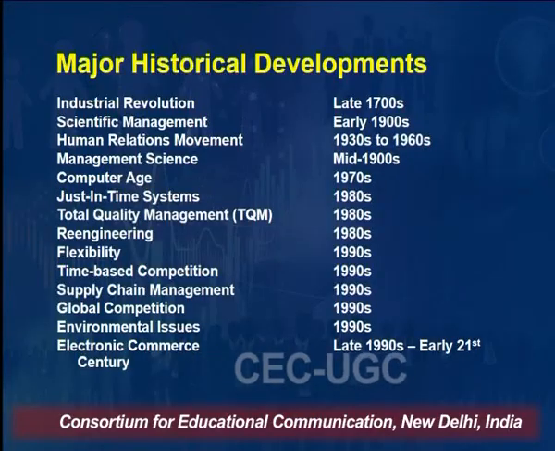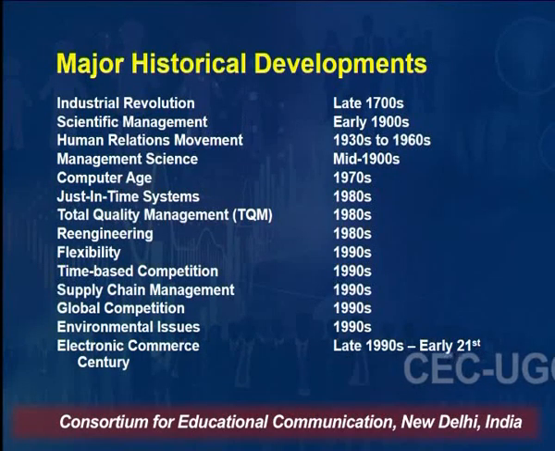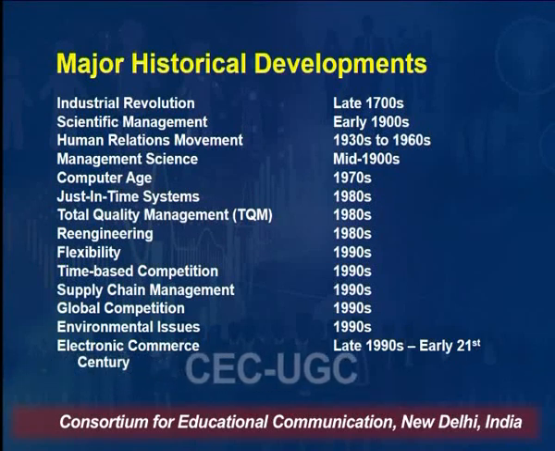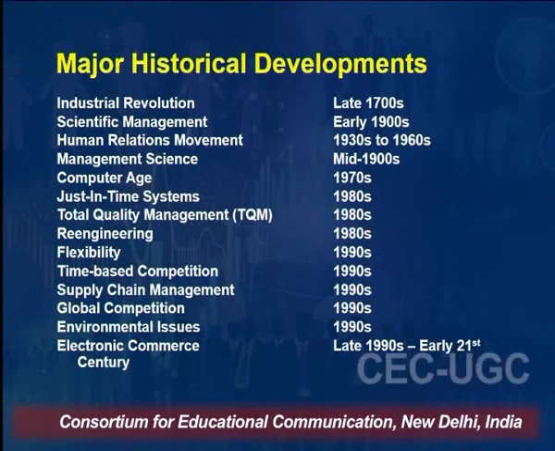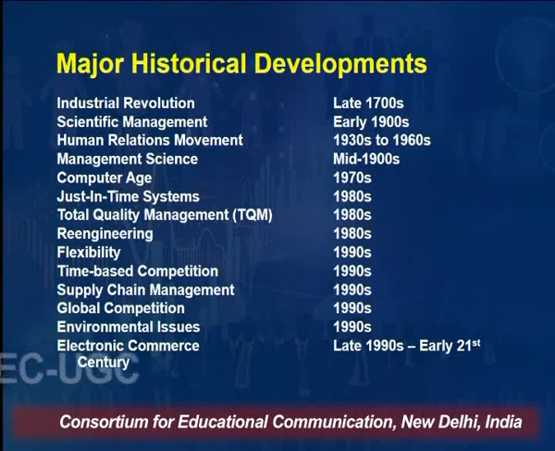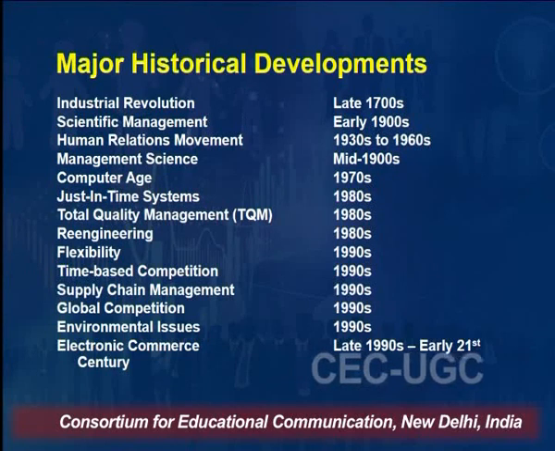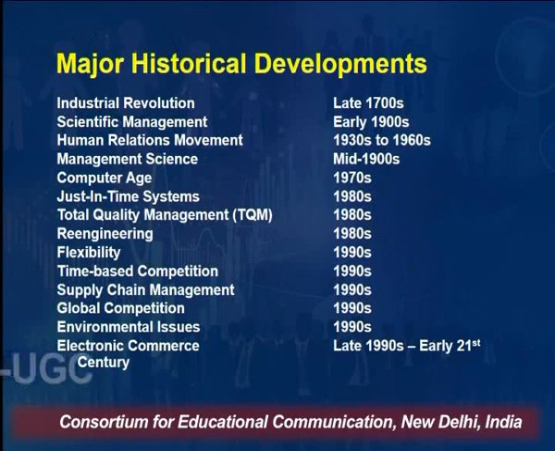So initially, I will show you a slide wherein you can see how all these things have evolved over a period of time. There was an industrial revolution in the late 1700s. Then there was an era of scientific management. Then there was the era of the human relations movement. Then there was an era of the management science movement.